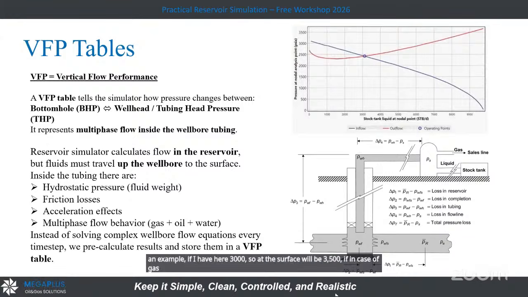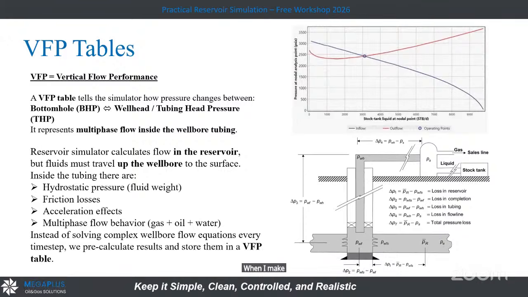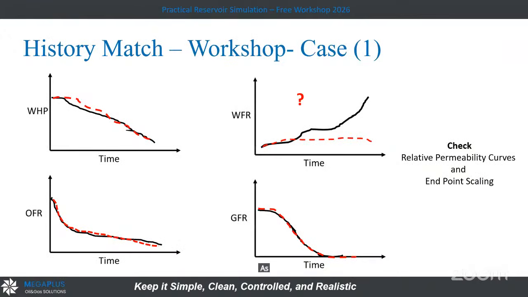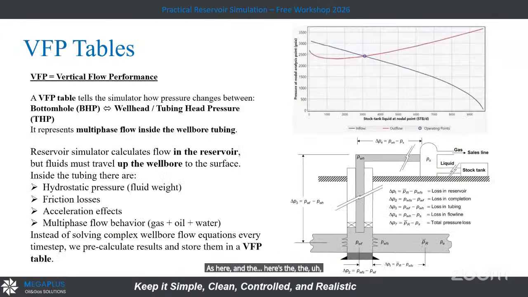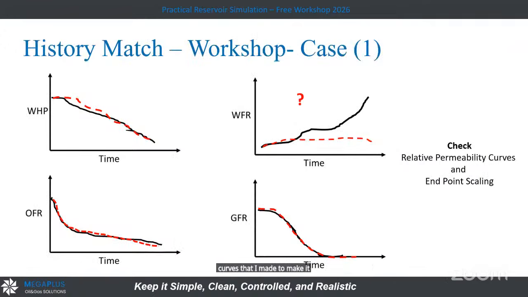In case of oil, it could be 1,500. It's a schedule that I inserted. So when I make the history match, I will match the wellhead pressure too, and here are some curves that I made to help you understand what I mean.